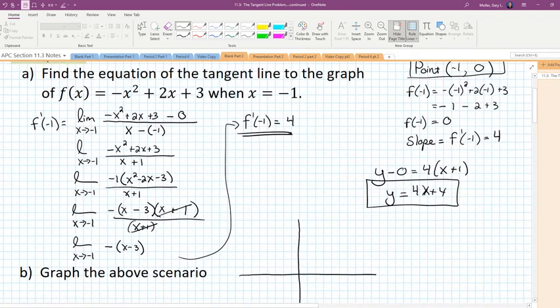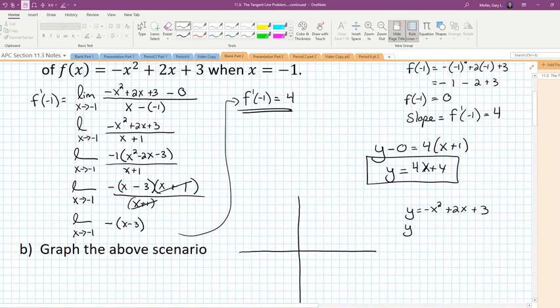We're graphing y equals -x squared plus 2x plus 3. Just because we need the practice, I'm going to put this in vertex form so I can graph it easy. Factor out a -1 out of x squared plus 2x. I'll leave the 3 as +3 outside the parentheses.